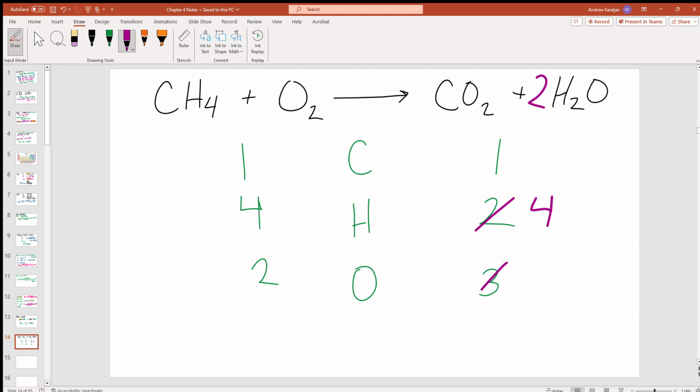So our oxygen went from 3 to 4. So now I need to add oxygens on the left. I have to deal with oxygen now because everything else is balanced. But if I change O2 here and make them 2, now I have 4 oxygens on the left and 4 oxygens on the right. That means everything is balanced. And we've successfully balanced this equation.